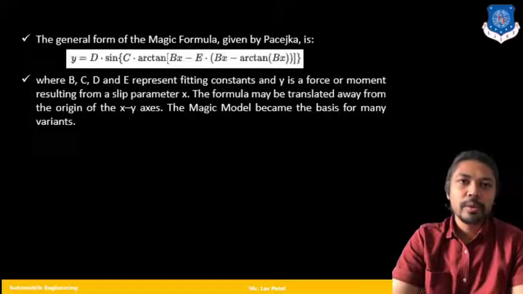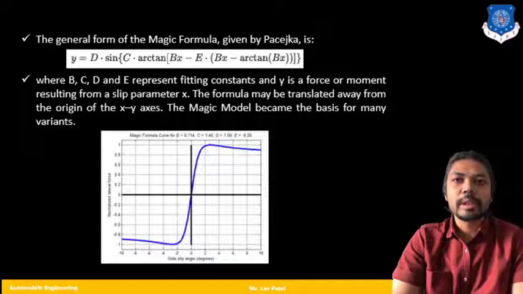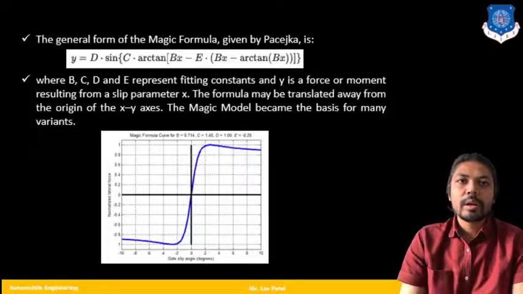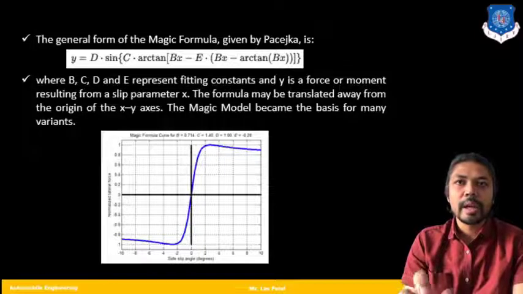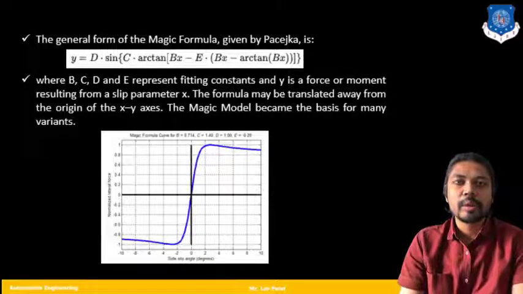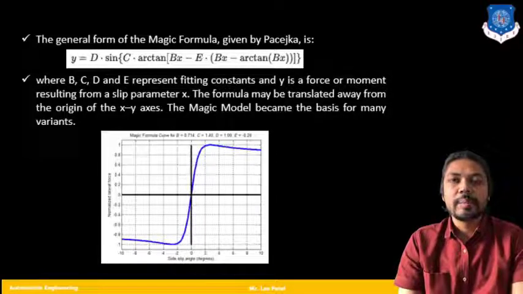And also you will find a graph that is lateral force versus side slip angle. So in the overall driving condition, you will find these negative forces from zero forces to finally positive lateral force. So that blue line represents the overall performance of the vehicle with respect to slip angle.